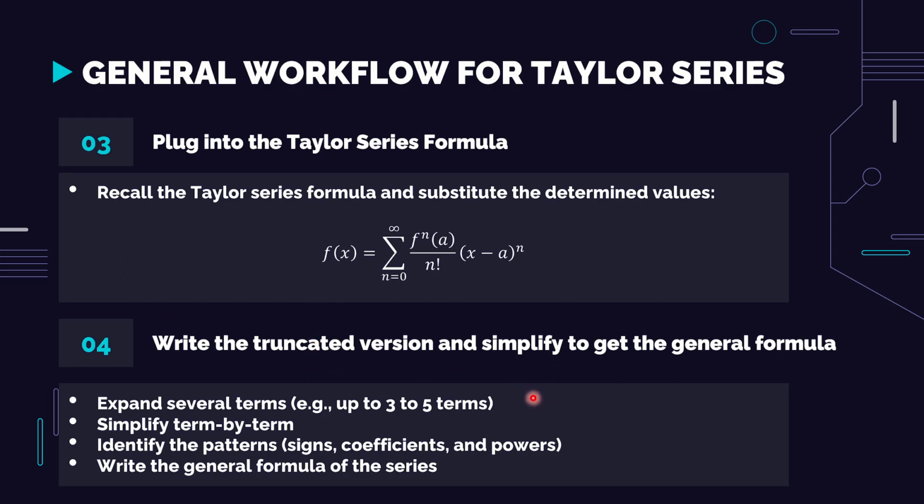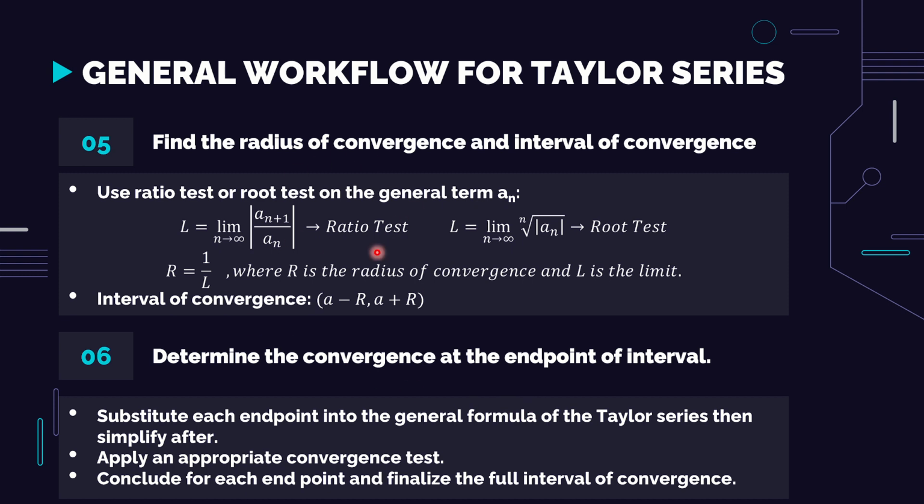So the following steps, 5 and 6, are optional. If you are being asked to get the radius of convergence and interval of convergence, then apply these remaining steps.